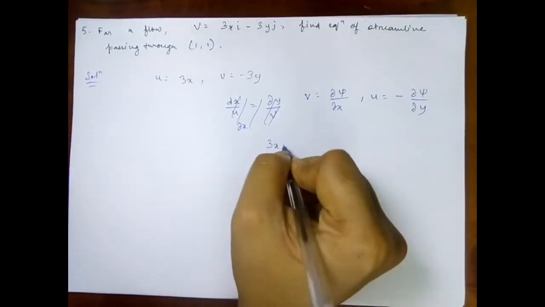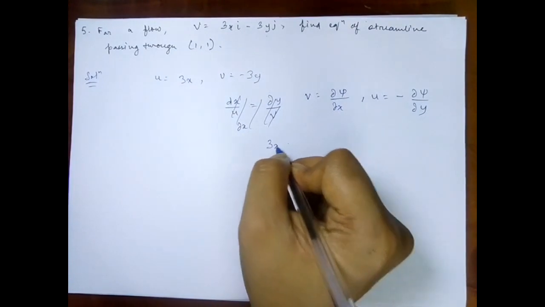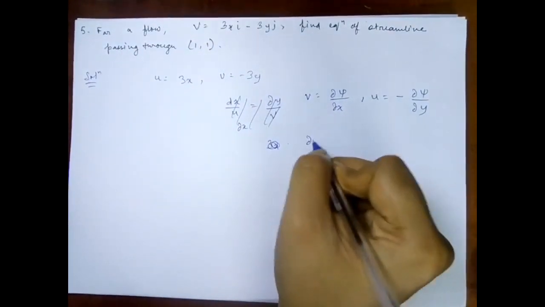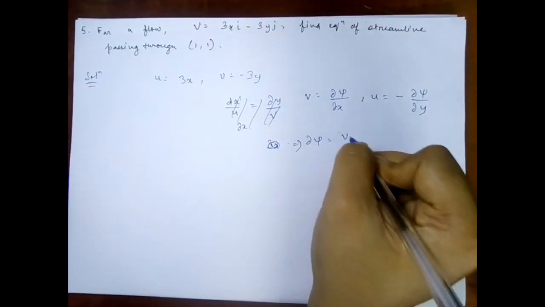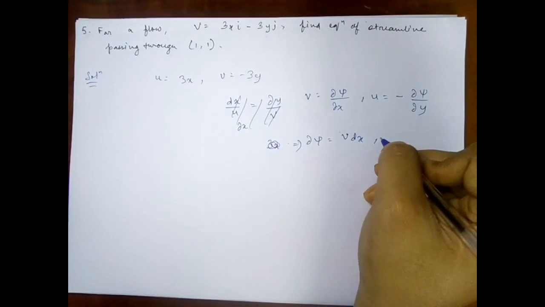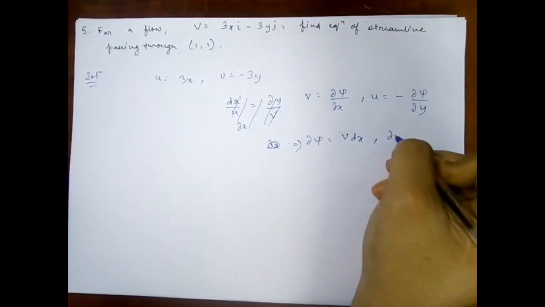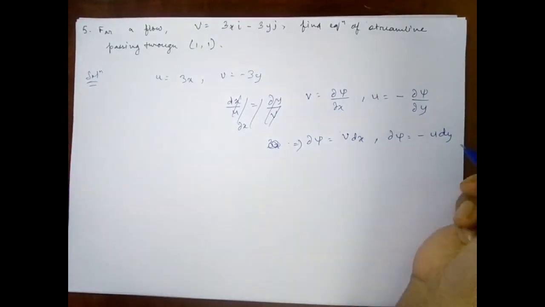So you can write it like this, that del psi is equal to v dx and also del psi is equal to minus u dy.